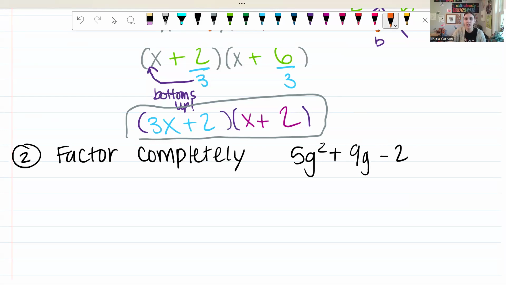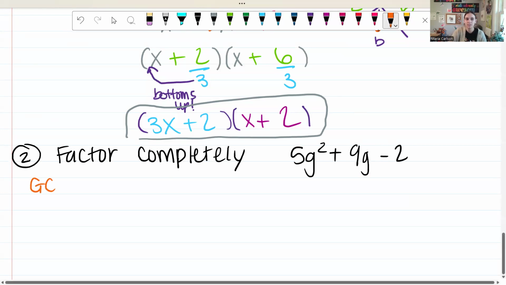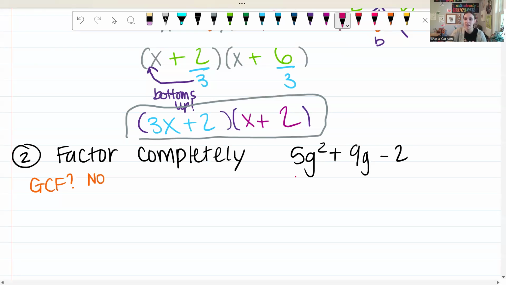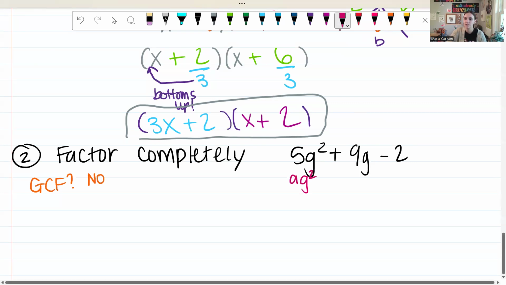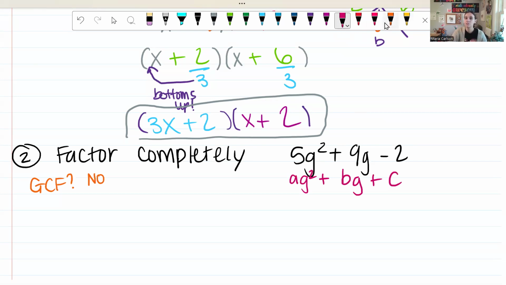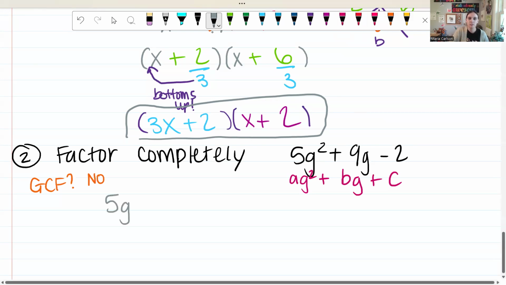Looking at this, I do not really see a GCF here. And then we have this trinomial, right? This is like some ag squared plus bg plus c. So I'm going to need to slip, slide, and divide. So 5g squared plus 9g minus 2.